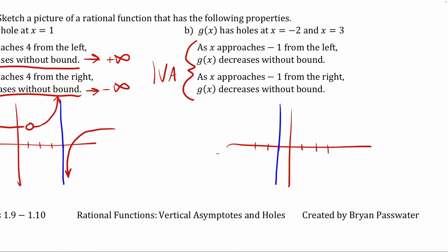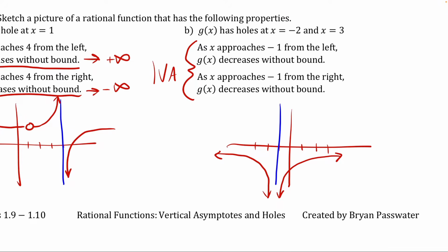So we're going to say this goes like this, to negative infinity. We'll come back and erase in a little bit to make sure that we have the correct zeros. And now this is saying as I go to the right of this blue line, this is going to decrease without bound. We already said decrease without bound means negative infinity. So I'm going to have some function that looks like this that comes down.